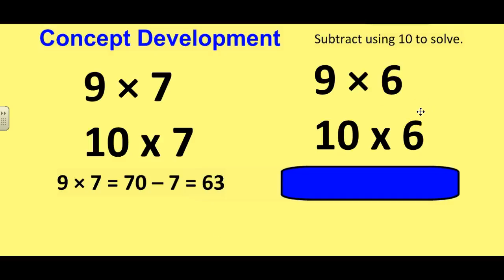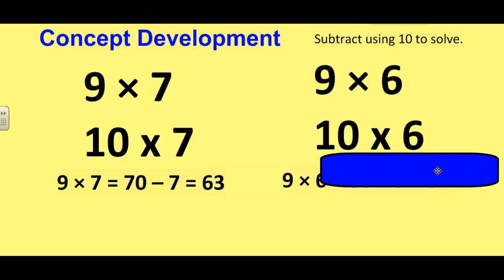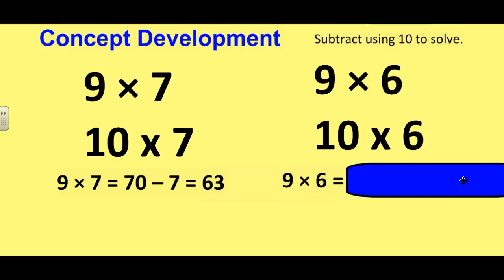I want you to come over here on the next one for 9 times 6, and we're changing it to 10 times 6. So the first thing that we're writing is 9 times 6 is equal to blank. And you're asking yourself right now, 10 times 6 is what? So write that on your board. 10 times 6 is 60.